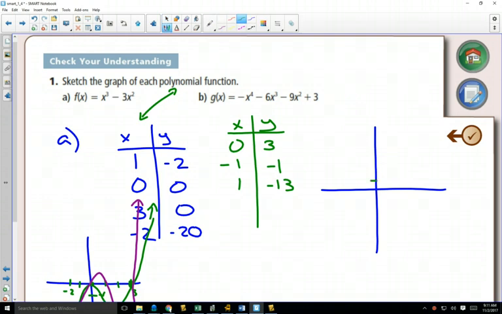So on this one, we've got 0, 3. -1, -1, and 1, 13. Whew. So based on those points, do we have enough information for this graph? Yes.